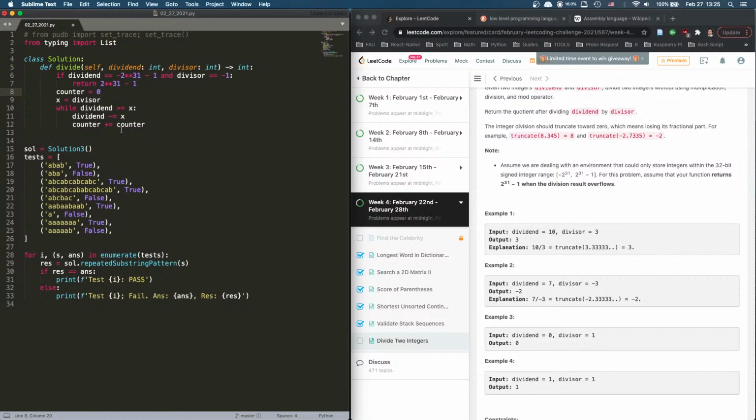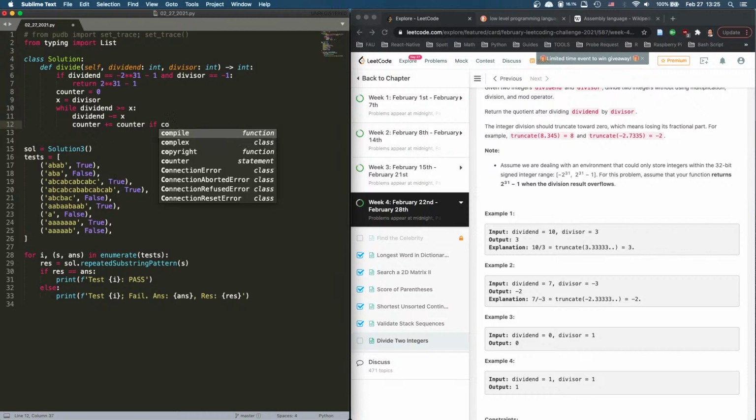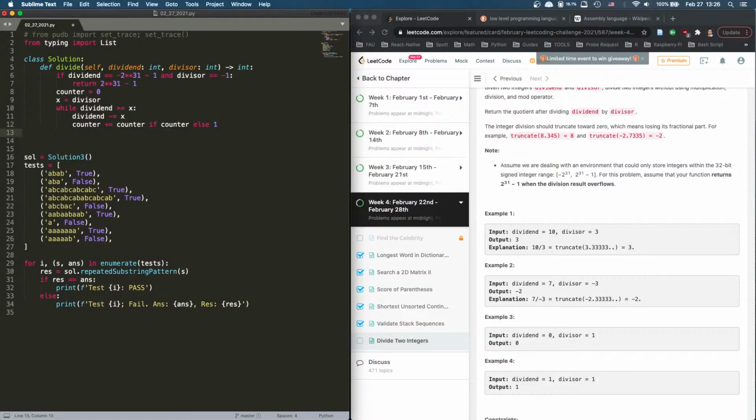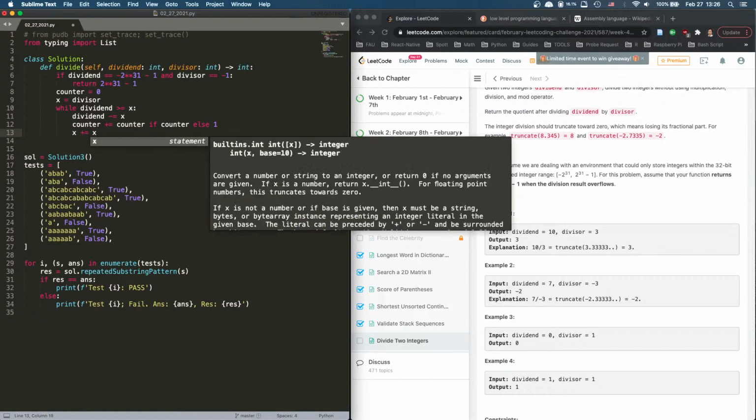So if counter is 0, counter is going to plus equal 1, else plus equal counter. And then after we do this, x is going to double.